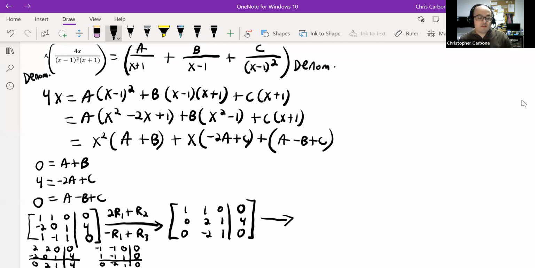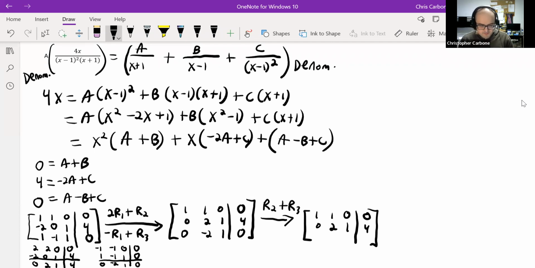The second thing we want to do, since we want to solve this matrix, is take the second row and add it to the third. So row 2 plus row 3. The first two rows stay the same: 1, 1, 0, 0, and 0, 2, 1, 4.